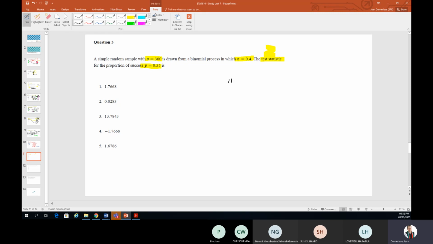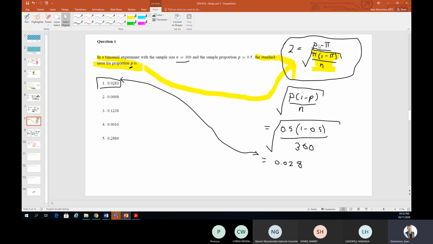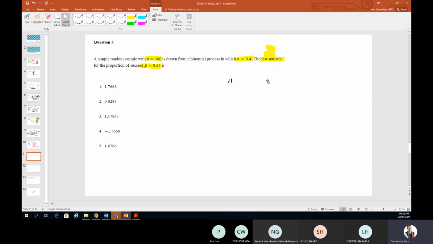So I need to get to that one. So it's p minus that, because you will see one is negative, one is positive, so it will be one of those two probably that is the answer, and then it is divided by the standard error.